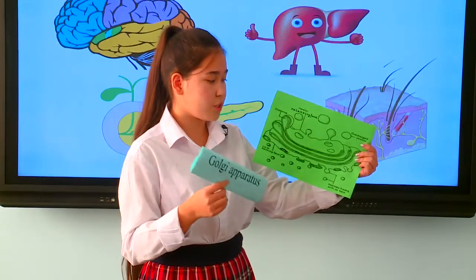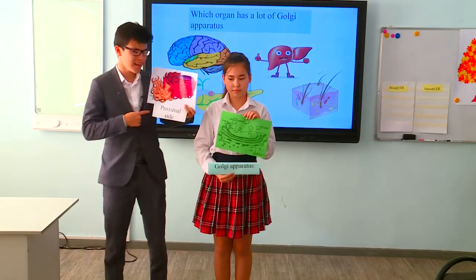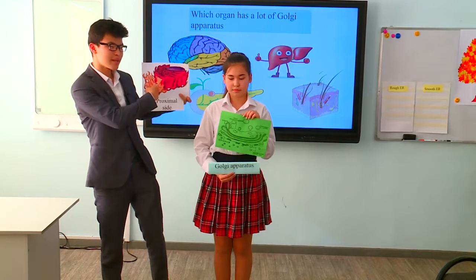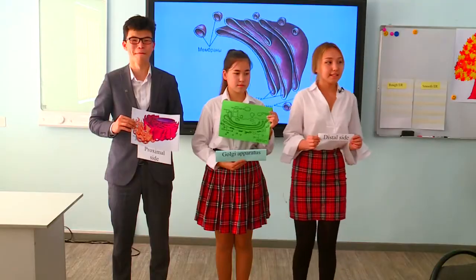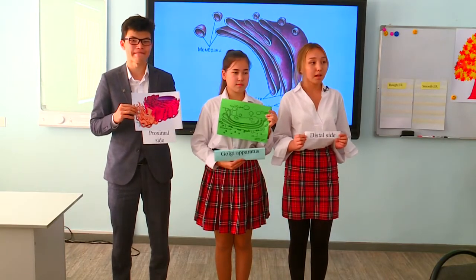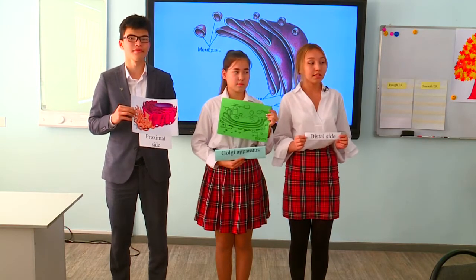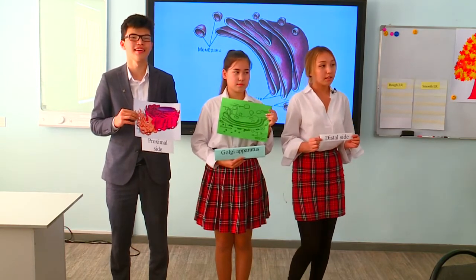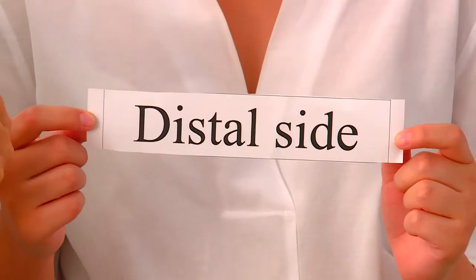Therefore, Golgi has 2 sites. I am the proximal site. I receive from ER lipids and carbohydrates. I'm a distal site. My site has inside proteins, bubbles, carbohydrates and lipids. These bubbles go beyond the Golgi to the destination, and beyond this substance form the lysosomes.